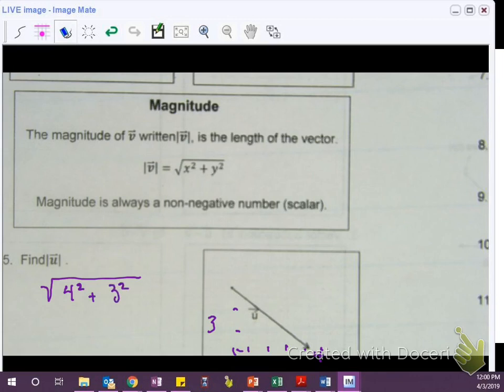So 4 on the x's and 3 on the y's. So my magnitude is the square root of 16 plus 9, which is the square root of 25, which is 5. So my magnitude is 5.